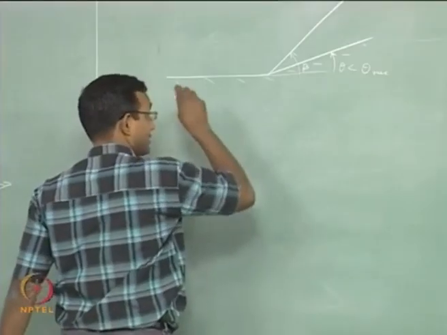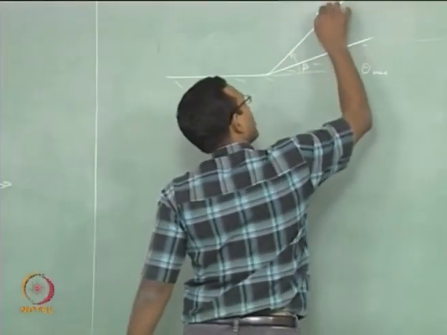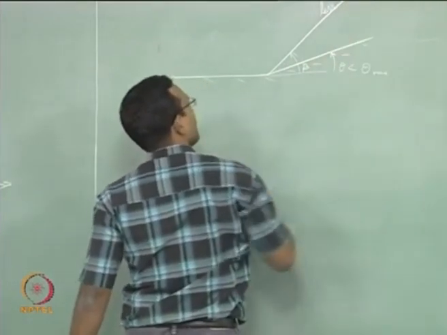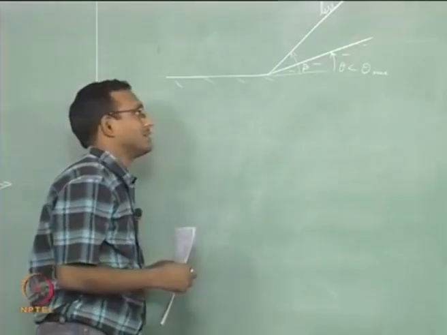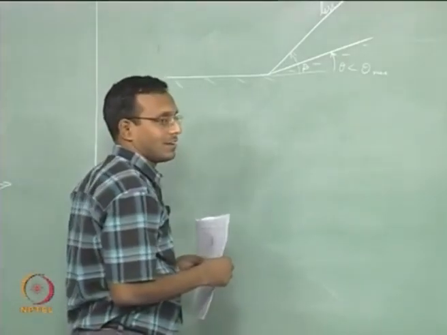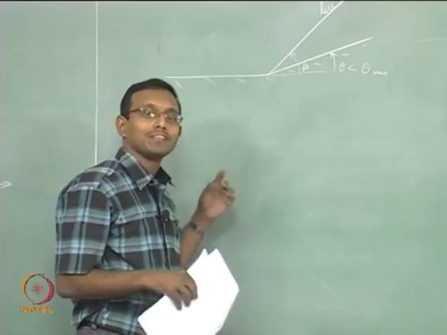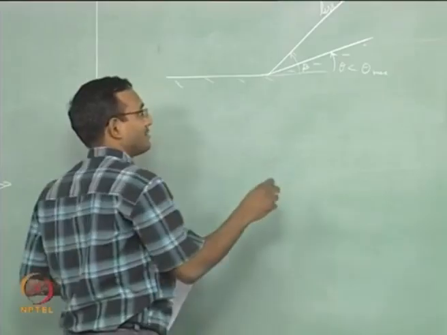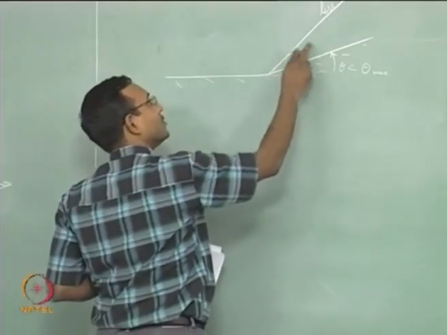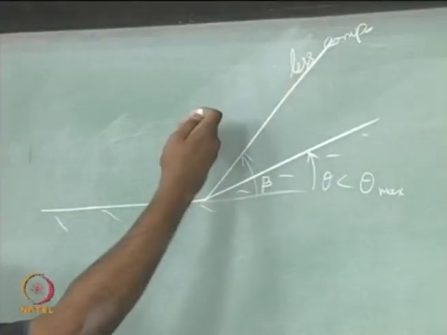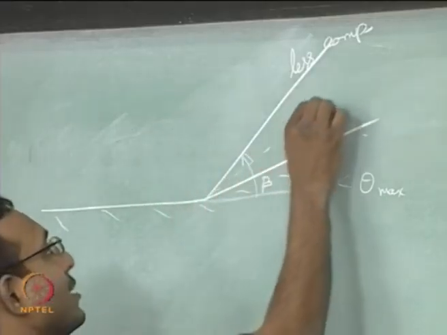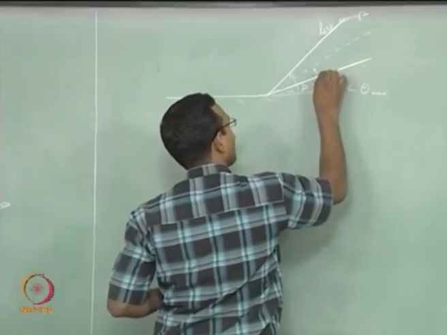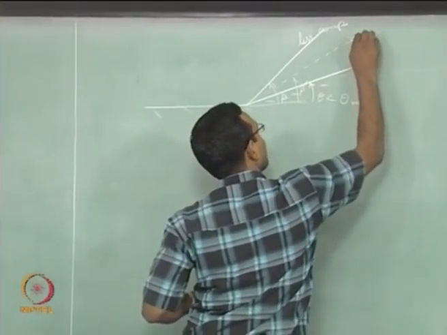Let us call this one less compressible. If it is more compressible, then I am going to have lesser gamma. In one way of thinking about it, my gamma is lower, speed of sound will be lower. If I think about it that way, the wave from here does not go this far into the flow, against the flow, it will go lesser and it will end up with this angle, beta will drop. That is one explanation I can give, beta prime, more compressible gas.